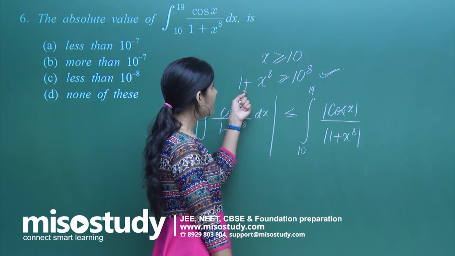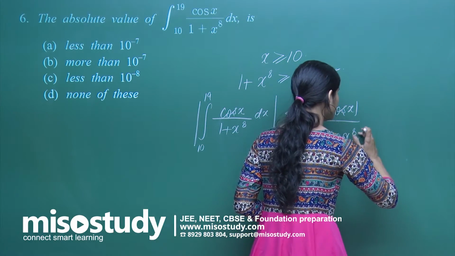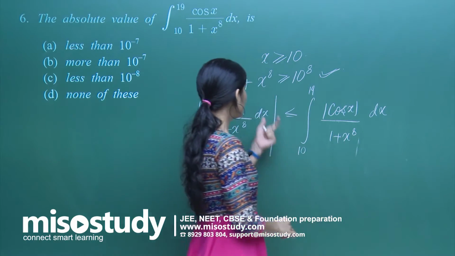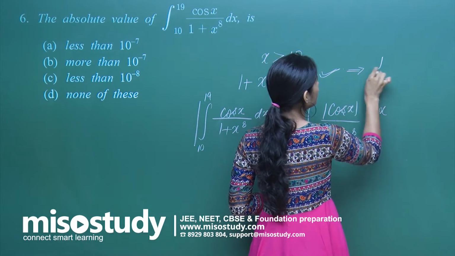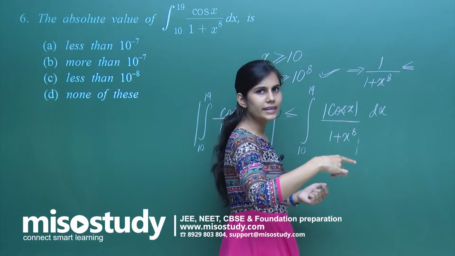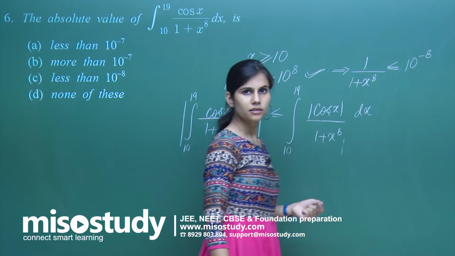But 1 plus x to the power 8 is already positive, so there is no need to put this mod sign. So this dx. Now if 1 plus x to the power 8 is greater than or equal to 10 to the power 8, this implies 1 upon 1 plus x to the power 8 is less than or equal to 1 upon 10 to the power 8, which is 10 to the power minus 8.